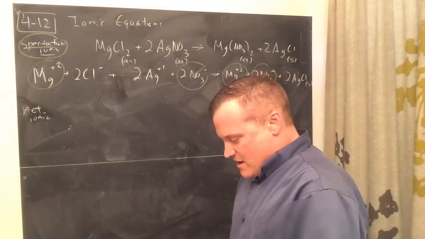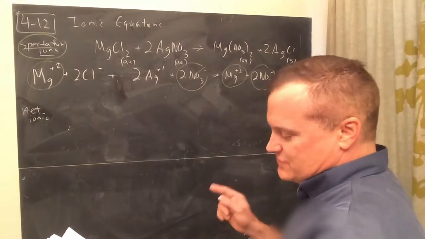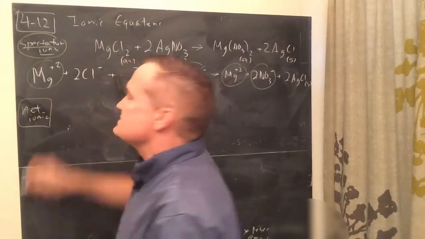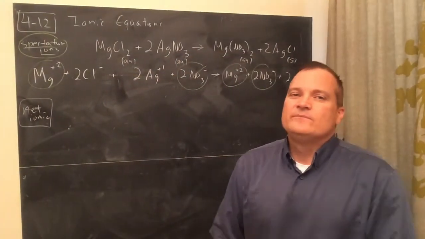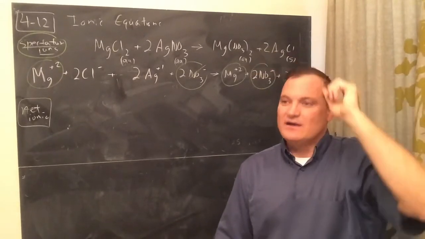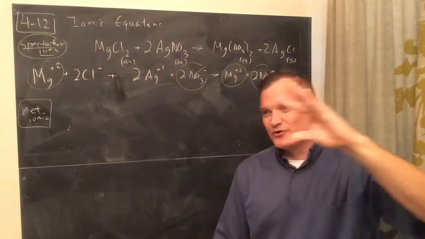All right, here we go. So spectator ions are those ions that are not involved in the chemical change. And then when you write the net ionic, it is like saying, okay, when you get a paycheck and it says, here's your gross, this is how much money you made, your hourly rate times the number of hours you worked. There's your gross.